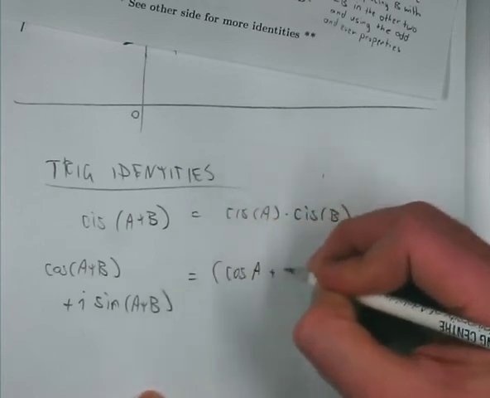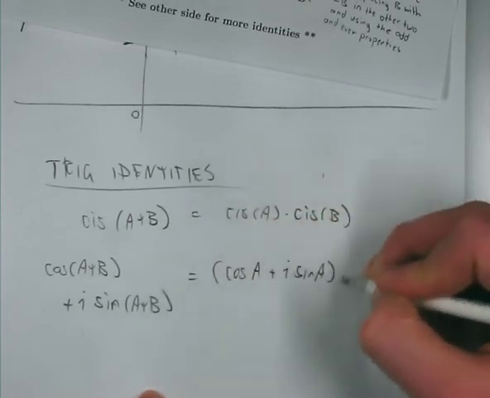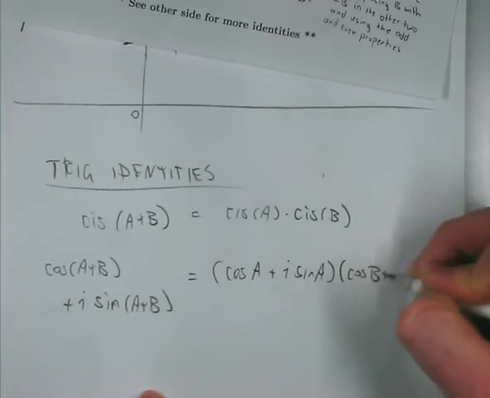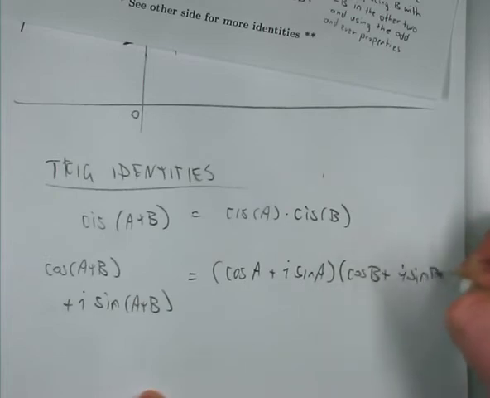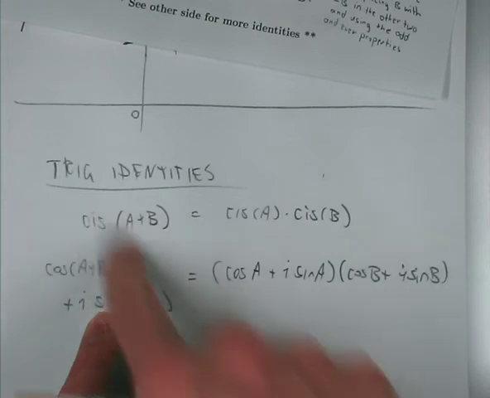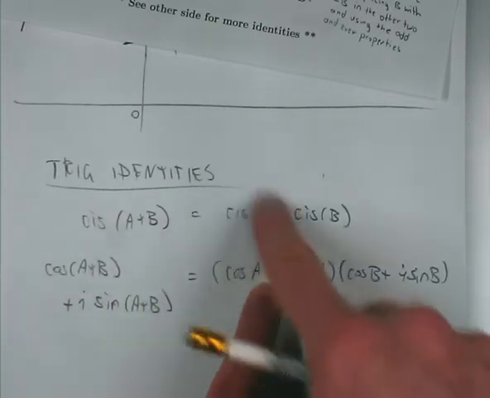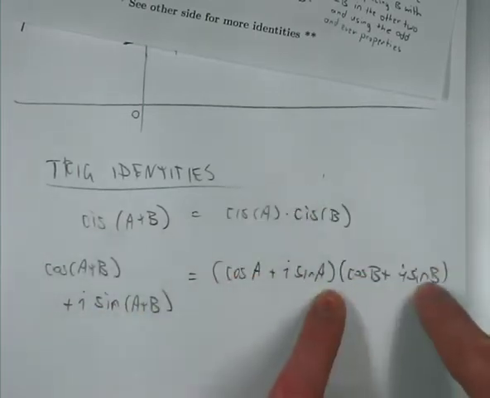Cos A plus i sine A, cos B plus i sine B. So this side I've just figured out what cis means. This side, cis for A means this, cis for B means this.